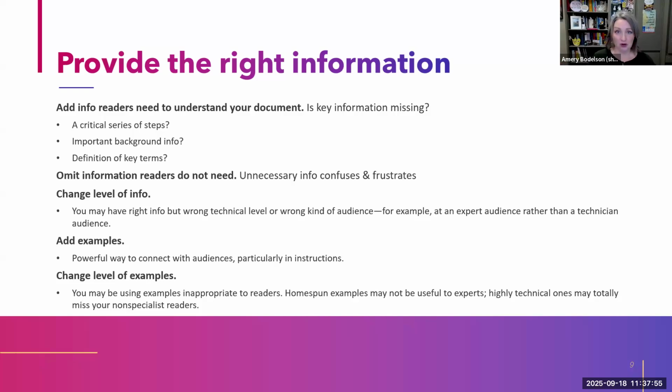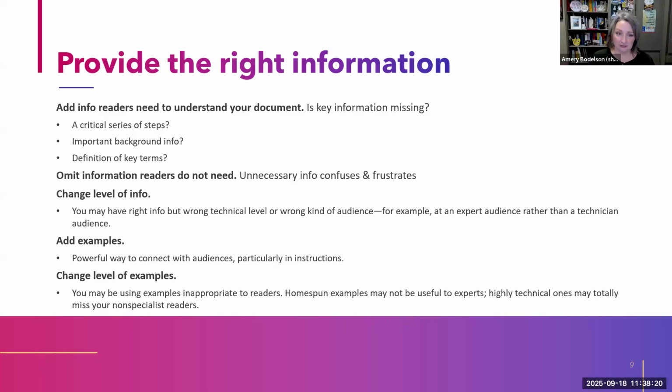So just because you know it really well doesn't mean your reader will know it really well. So if there's a possibility that your reader doesn't know a term or an acronym or a shorthand version of something, tell them what that is. If there are things that your reader doesn't need to know, you don't need to put that in there. And that can be something you can decide later in various versions of the draft. Changing the level of information.